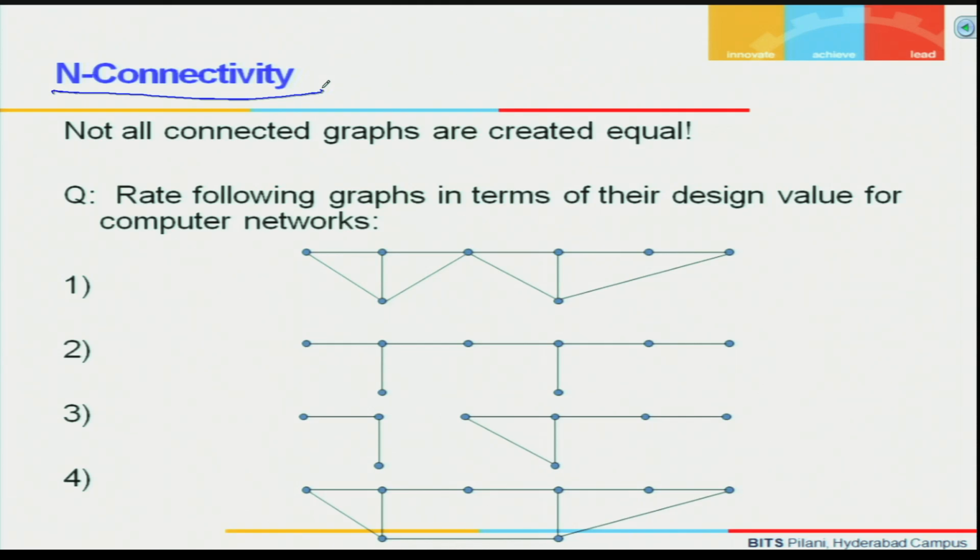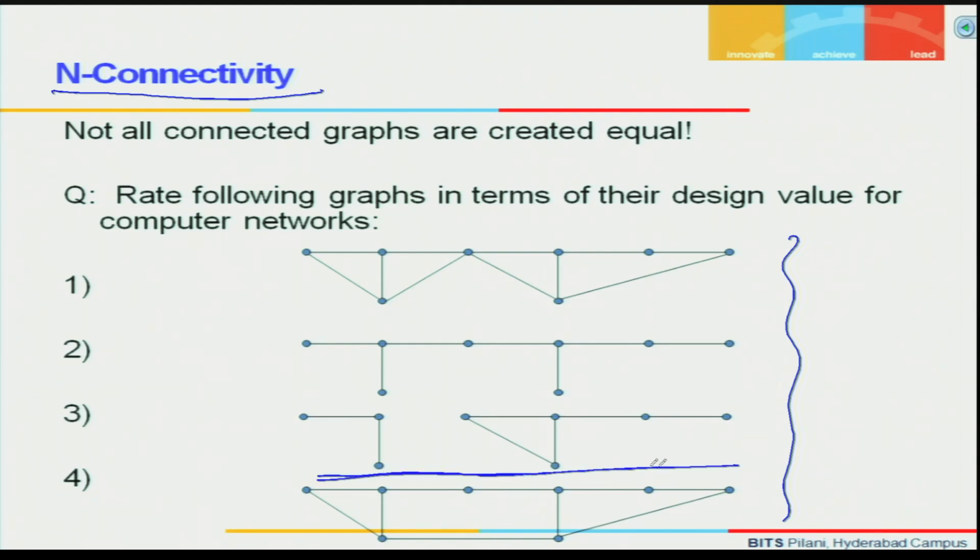So with respect to that property, let us see among all these 4, let us rate the following graphs in terms of their design value for computer networks. So what is the best among all these? I can straight away say that this one is anyway disconnected.